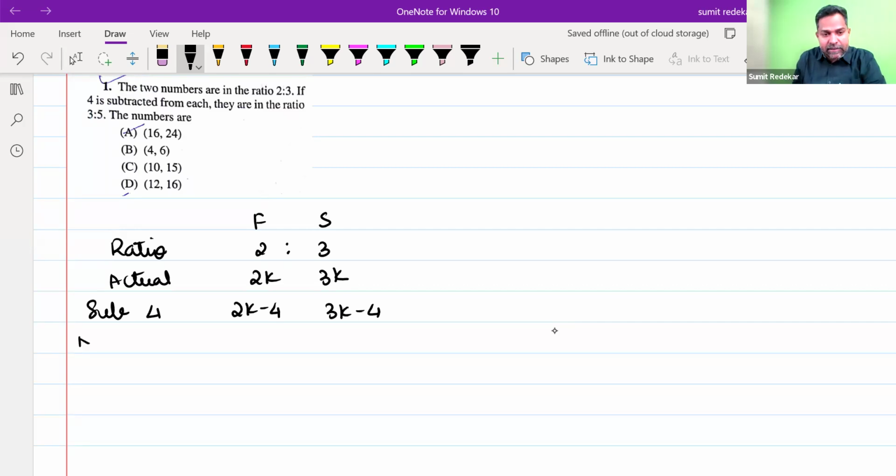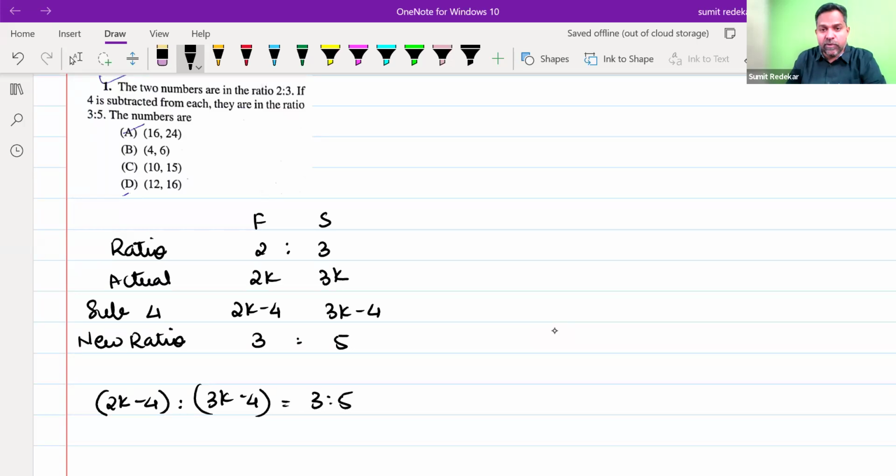After this, the new ratio of the numbers becomes 3:5. Or in other words, 2k minus 4 upon 3k minus 4 is 3/5.